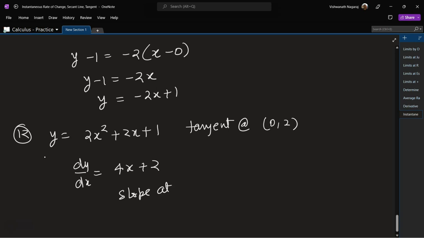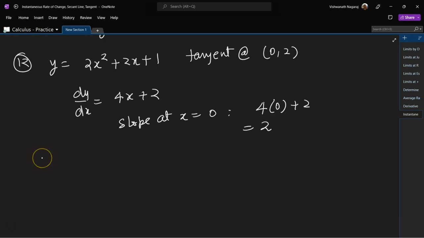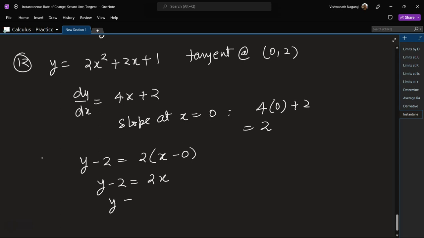Slope at x equal to 0 will be 4 times 0 plus 2, which is 2. So we have the slope, we have the point. So the tangent line would be y minus 2 is equal to 2 times x minus 0. So y minus 2 is equal to 2x. y is equal to 2x plus 2.